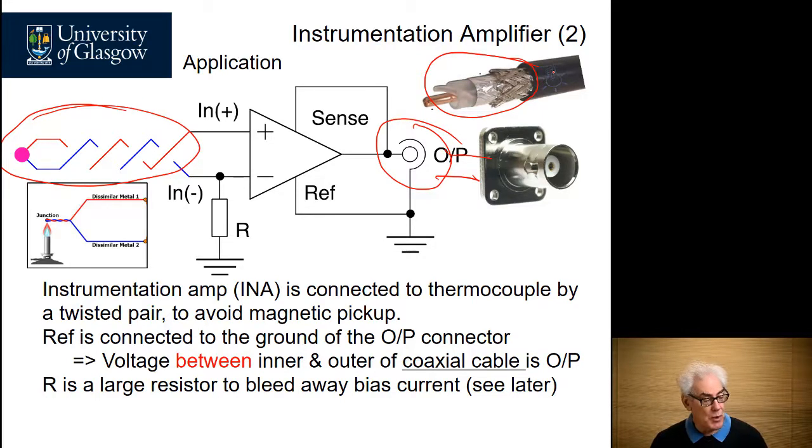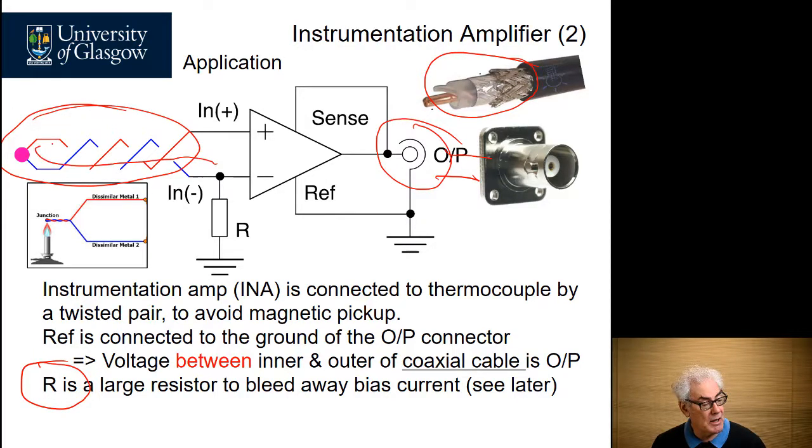So the voltage between the inner and the outer of the coax cable is the true output of this amplifier. And in this instance we've used a large value resistor just to supply, or bleed away, any bias currents required by the amplifier.